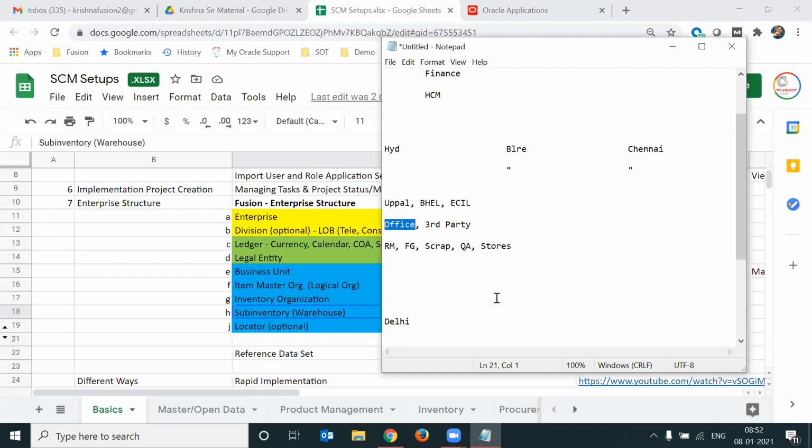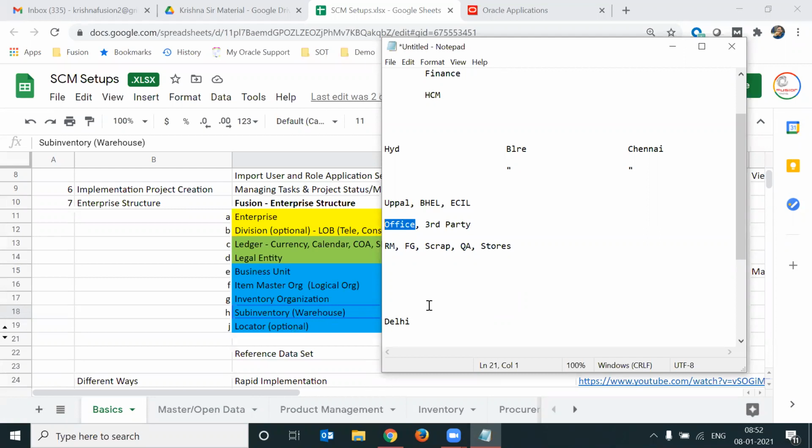Right? So locator is nothing but it's a portion, or it's a partition that we are maintaining in the sub inventory. And for every partition, we are going to give a name, which row, which rack, or which bin, or which box. So this row, rack, bin, the partition names can be different from client to client.